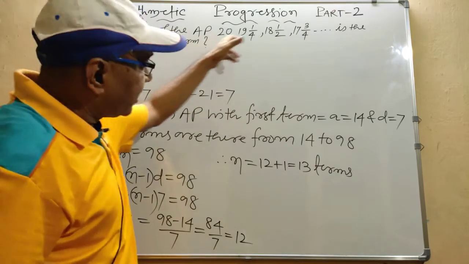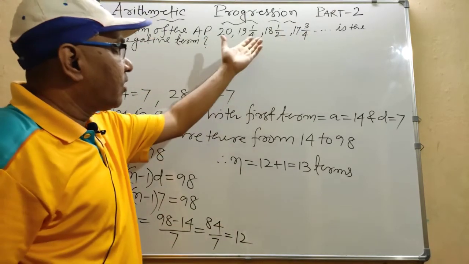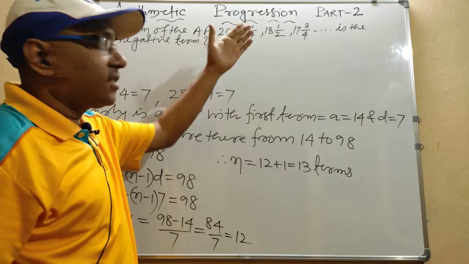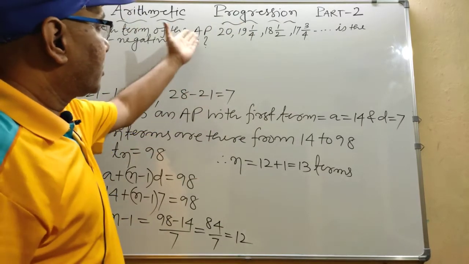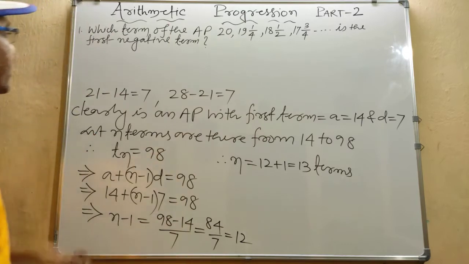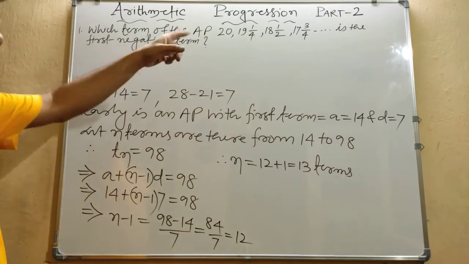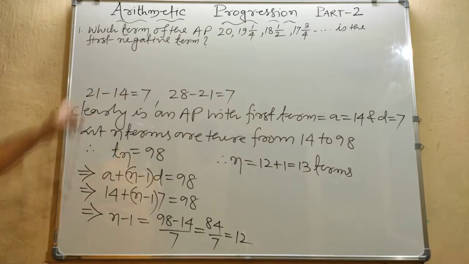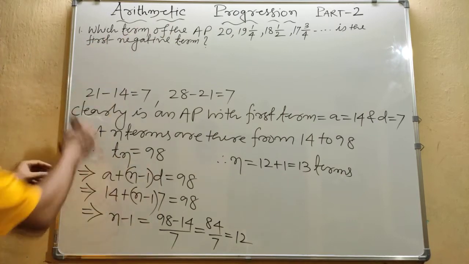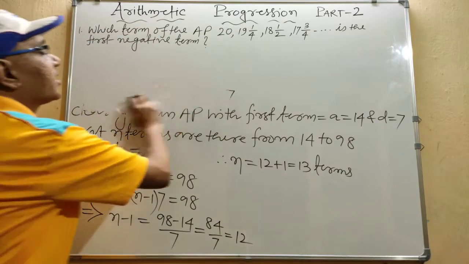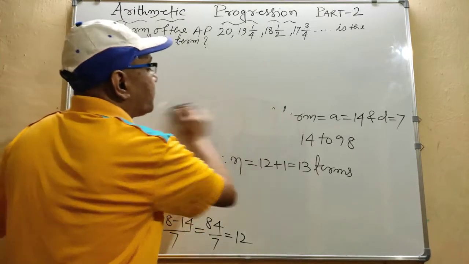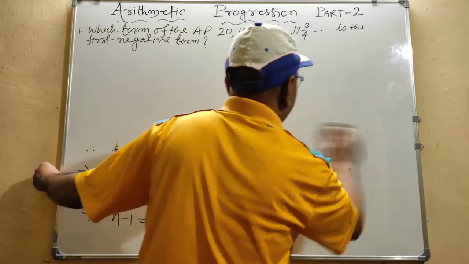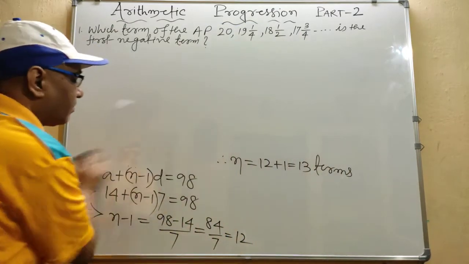It is already written that it is an AP. If you find the difference of any term and its previous term, it will give you a constant. Which term of this AP is the first negative term? It is a very, very important question. First you have to understand the meaning of the problem.